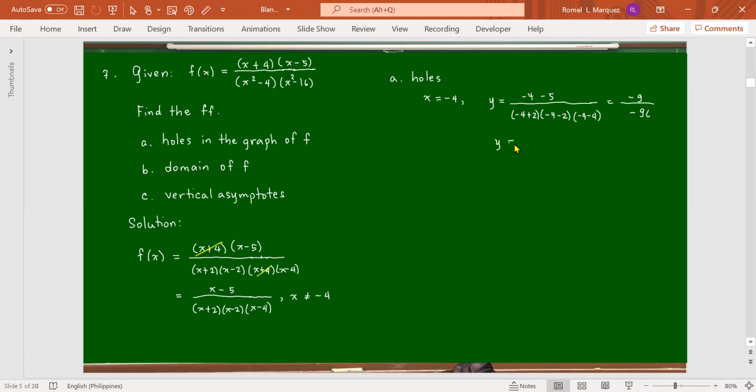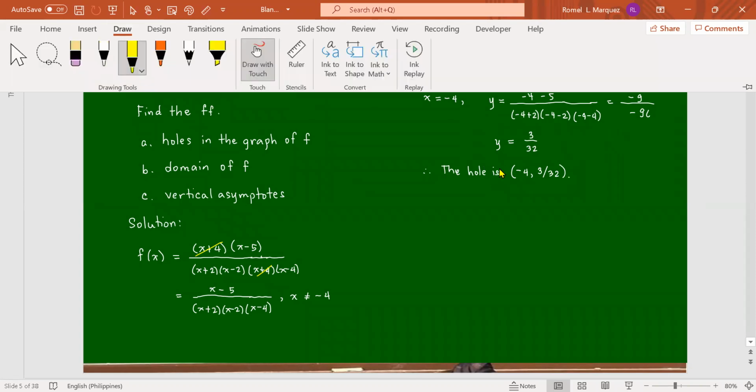Or y equals, when simplified, 3 over 32. So therefore, the hole is the point negative 4, 3 over 32.